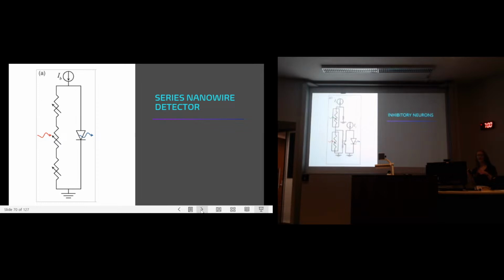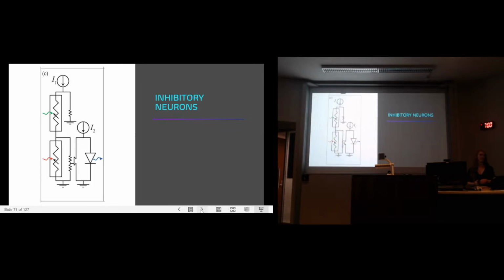We can also create inhibitory neurons. These are quite common in the brain: neurons that don't just excite downstream neurons, but actually inhibit or suppress the firing of those neurons. This is done by the upper circuit up here. Essentially, the current that's coming down into the lower circuit, by the way, this is just an amplifier. It allows us to decouple the two sides for various applications, but for the idea here, you can ignore it.